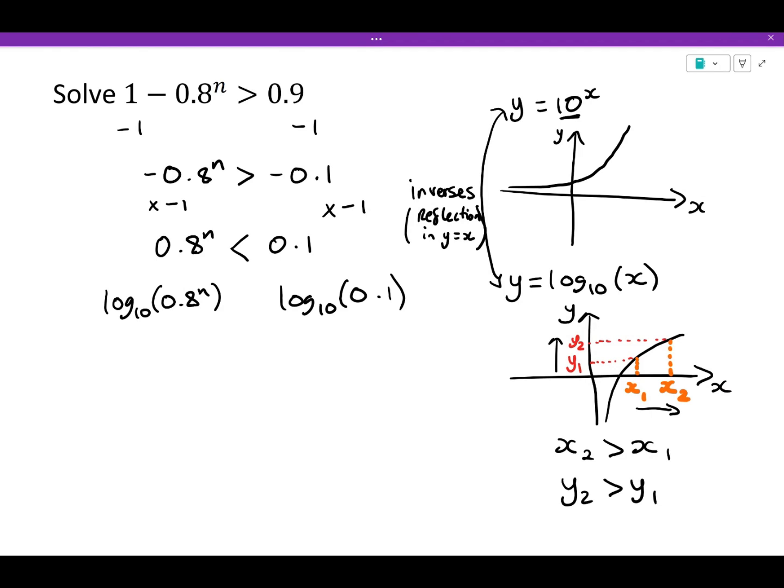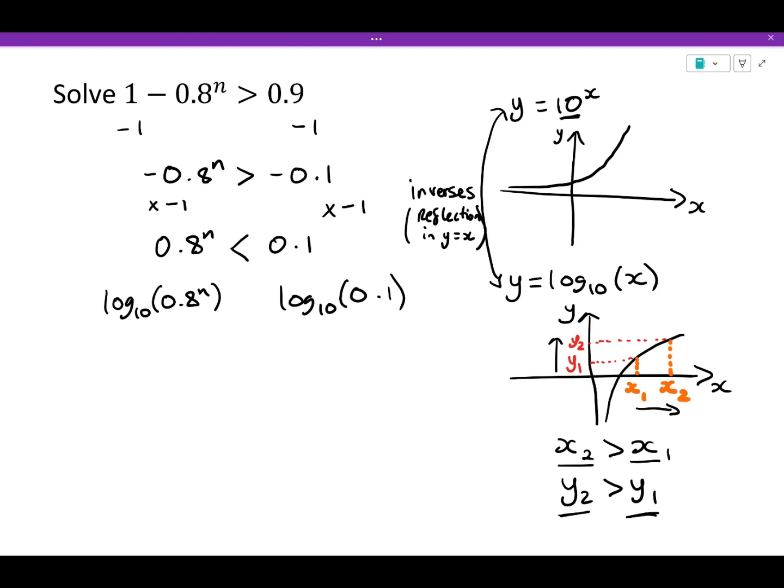So in log base 10, if one x coordinate is higher than the other, so what you're substituting into the log, then the output of the higher x coordinate will remain higher than the output of the smaller x coordinate. And this will apply regardless of what x values you pick, because if you look at our curve here, it's what we would call always increasing. That curve is always going upwards as we increase our x coordinate. So a higher x coordinate is going to get us a higher value out of our logarithm.